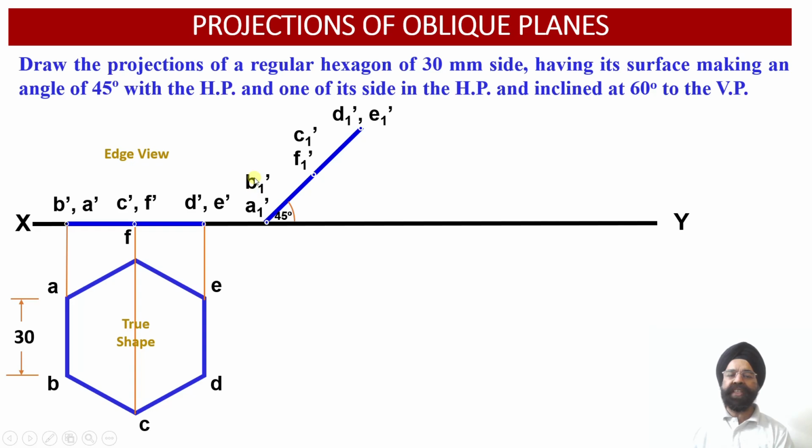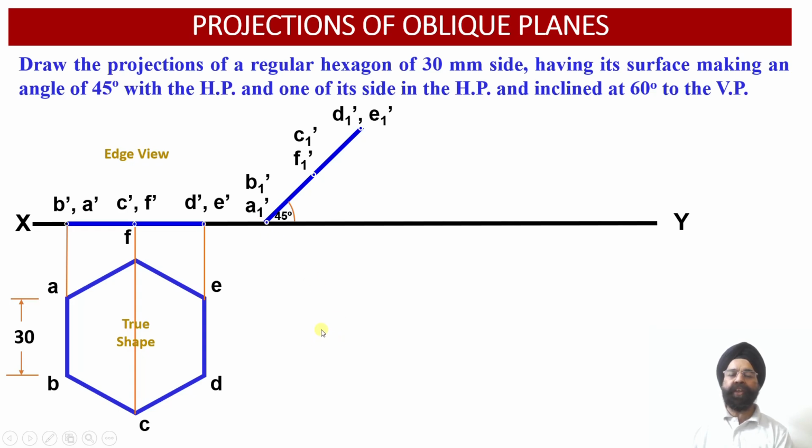So the new projections are B1 dash, A1 dash, C1 dash, F1 dash, D1 dash and E1 dash over here. Now we have been able to obtain the front view projections of this lamina whose surface is inclined at an angle of 45 degree with respect to horizontal plane.